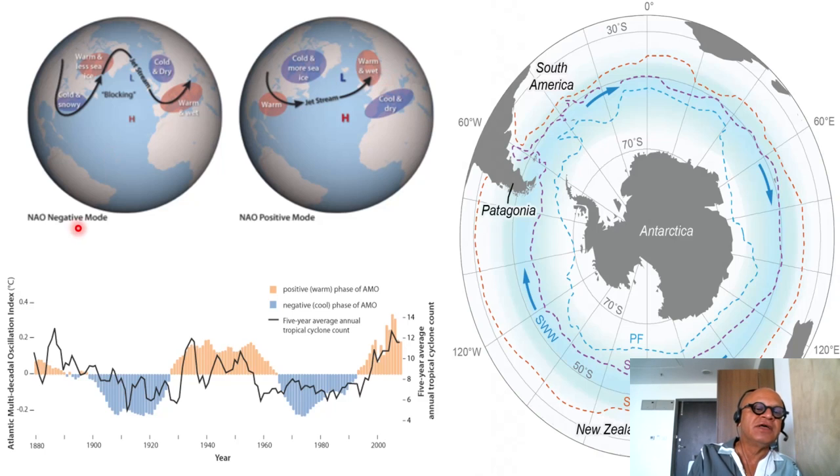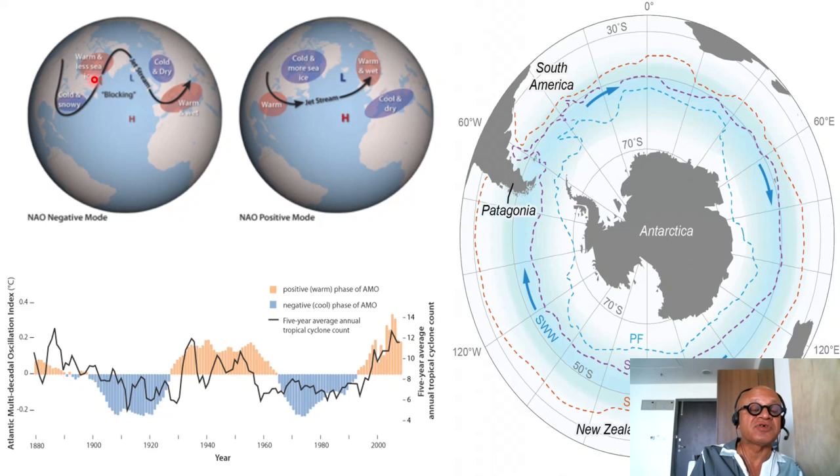So you can see that in the NAO negative phase you have cold snowy conditions here with the jet stream dipping, and warm and less sea ice. Cold and dry here, warm and wet. I think I should be careful.